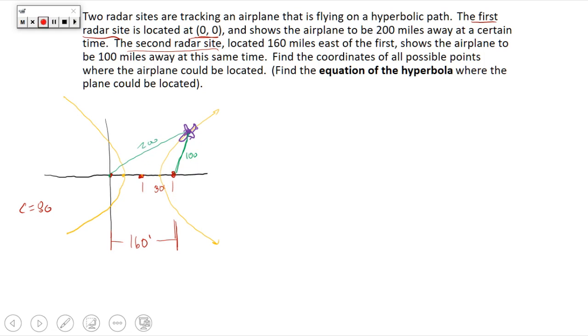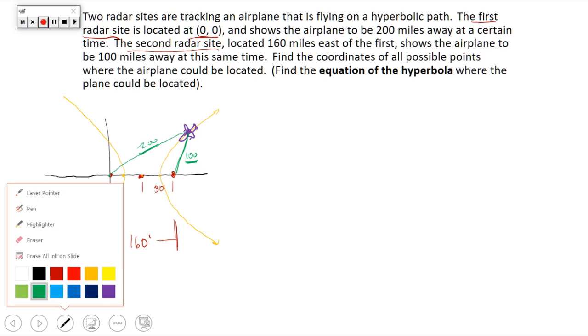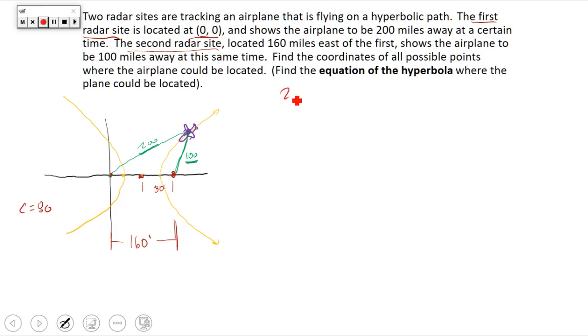Now, the geometric definition of a hyperbola is that this distance and this distance, the difference between those distances, is some constant. So 200 minus 100, which is 100, is a constant. Even if this plane was over here, the difference between those two distances would be that 100.